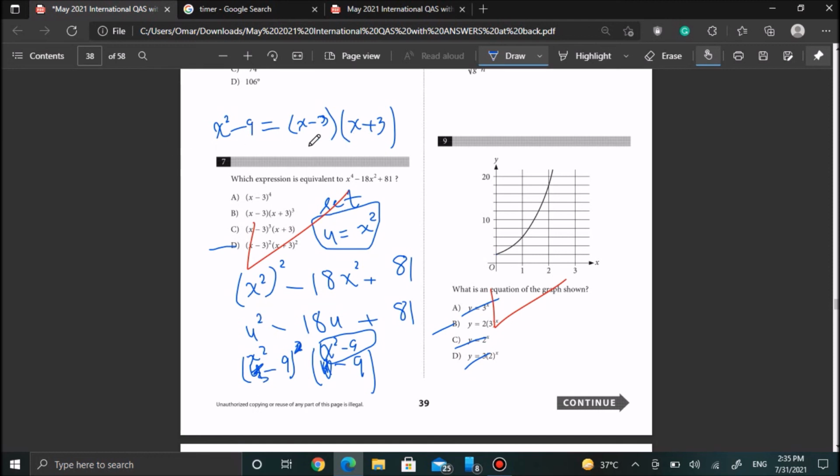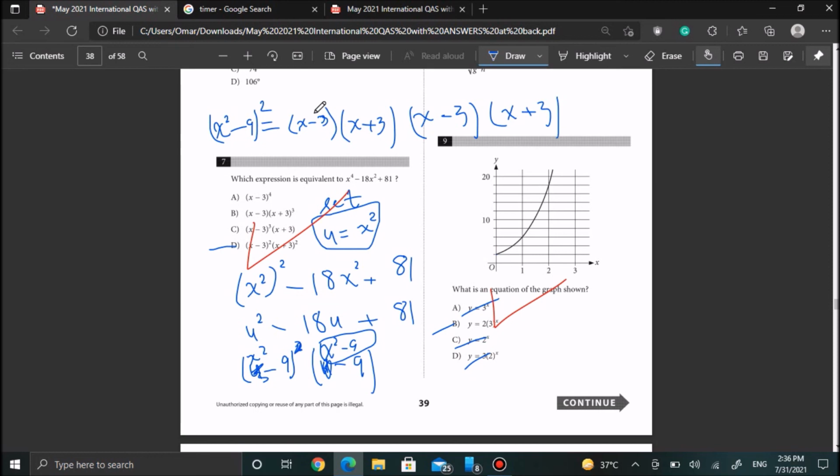That's it. And we have this repeated twice, so there is another x minus 3 times x plus 3, because as I said, we have x squared minus 9 times another x squared minus 9. So these two parentheses are repeated again. So we have another x minus 3 times another x plus 3.